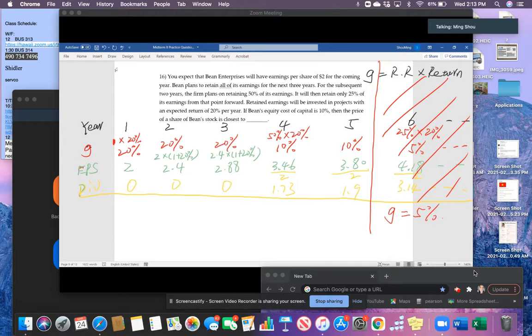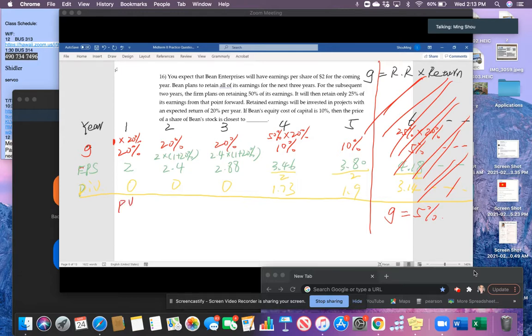So from year 5, the dividend pattern is a growing perpetuity. So we can first take care of the cash flow after year 5, and convert the value of the cash flow after year 5 into year 5's value.